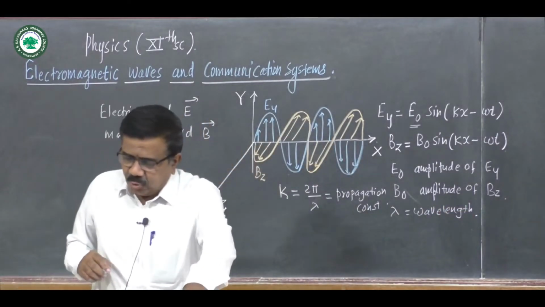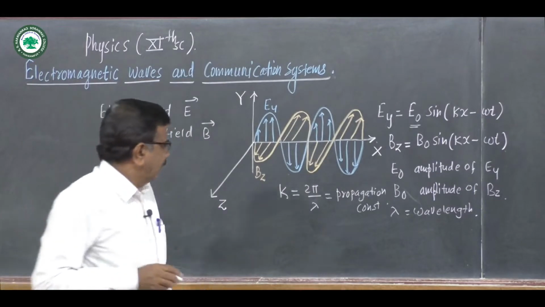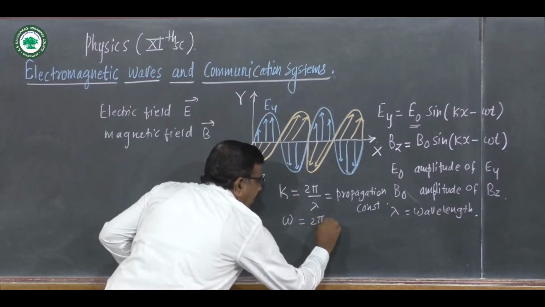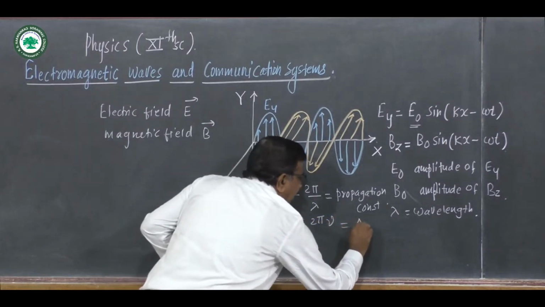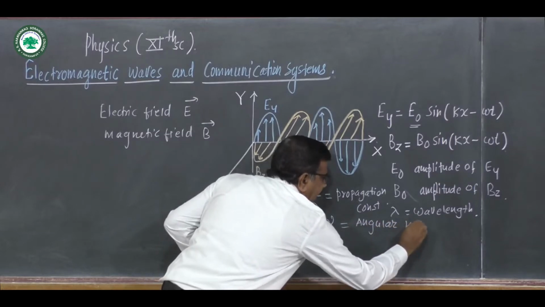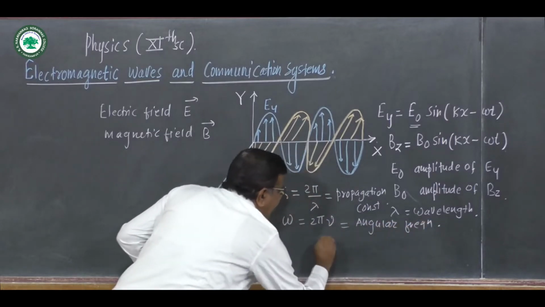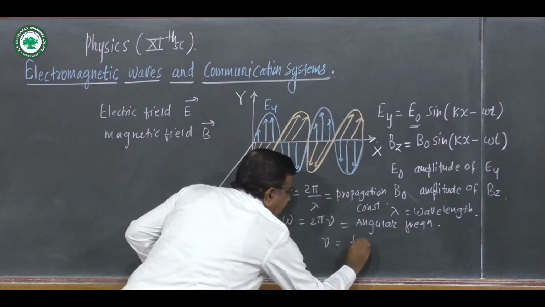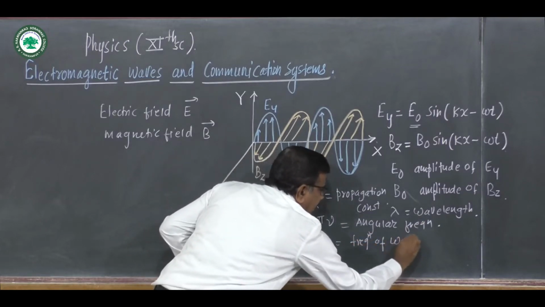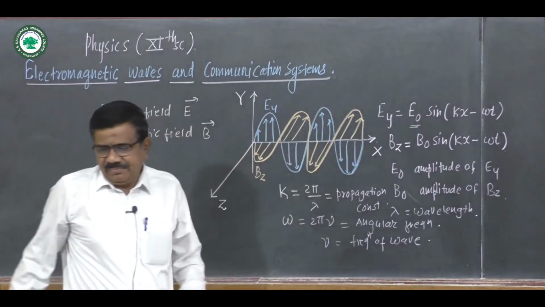Omega is 2 pi nu, the angular frequency, and nu is the frequency of the wave.